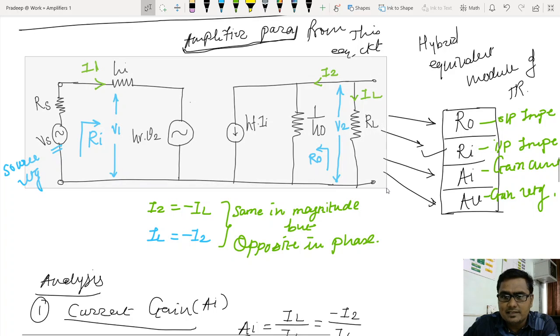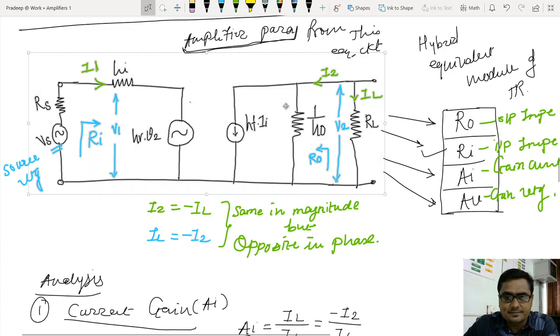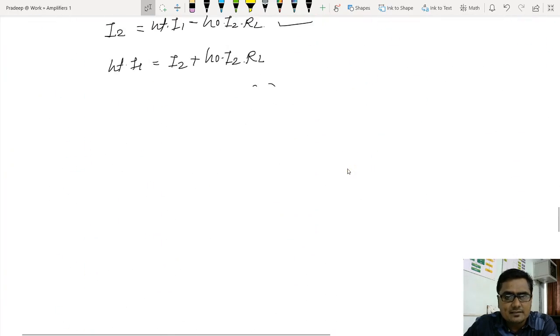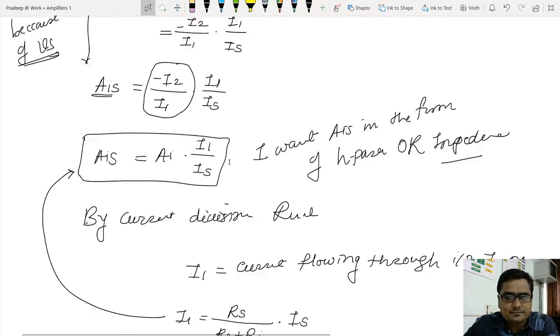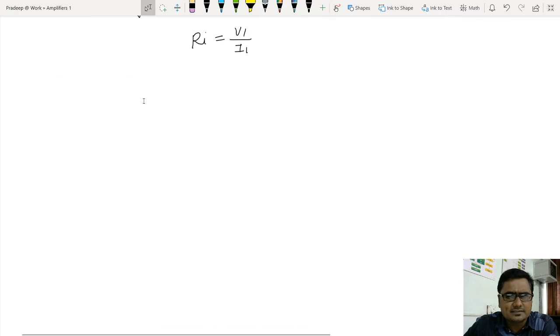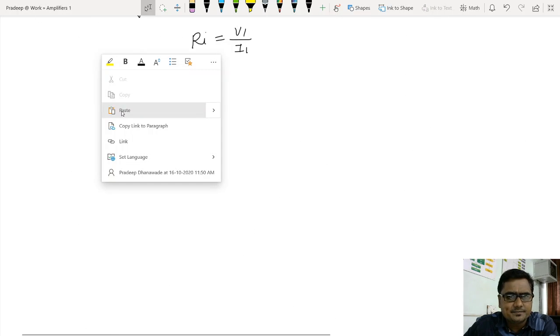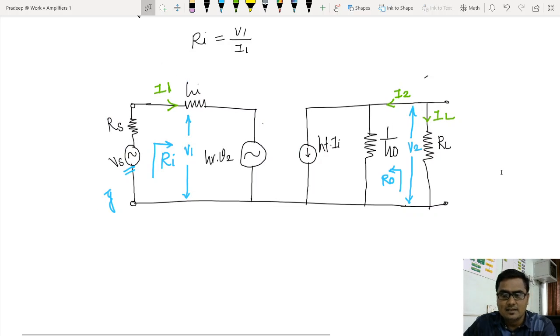Let me copy and paste the same circuitry, because the circuit is useful in all the parameters. So here we are supposed to paste it. Now consider the input part. We are calculating input impedance.